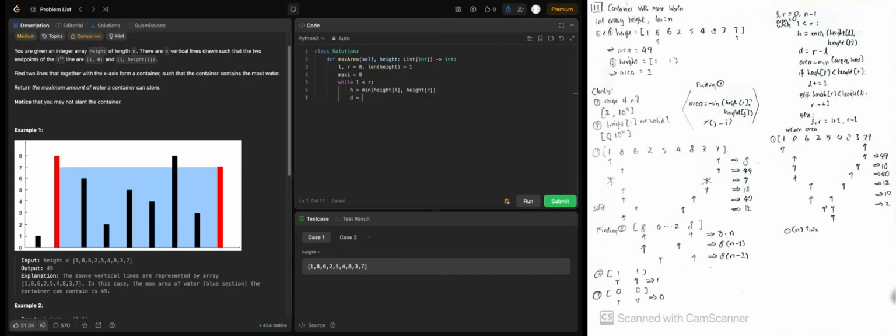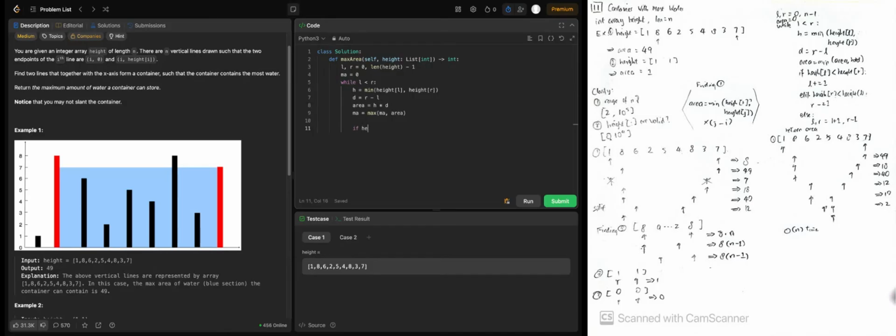The distance would be right minus left. The area would be height times distance. So the max area is max of max area. Let's shorten that, let's call it MA. So MA equals max of MA and the area.